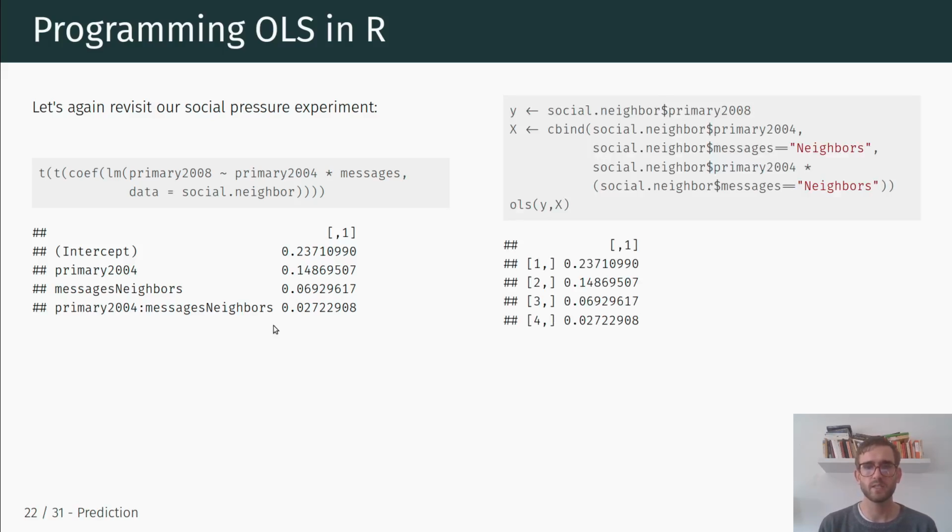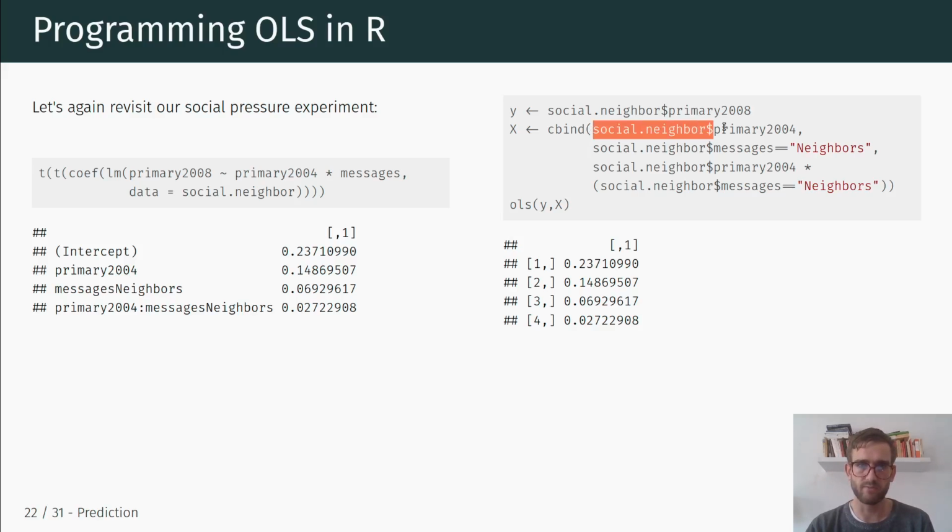And now we can get exactly the same result using our new OLS function. Our y vector is again just the primary 2008 indicator, so that's our dichotomous outcome variable. And our X matrix now contains 3 separate variables. While we could rely on lm and this formula specification to automatically generate this interaction term, here we have to do this manually.